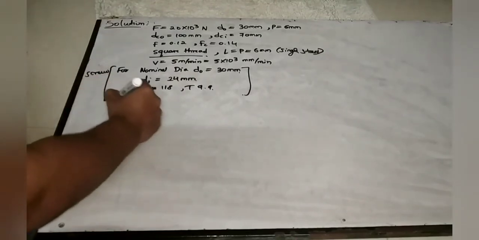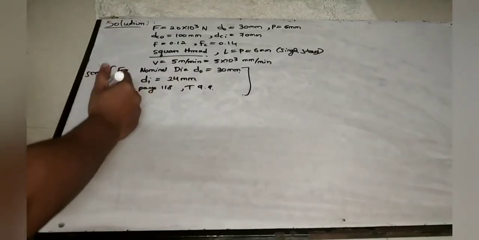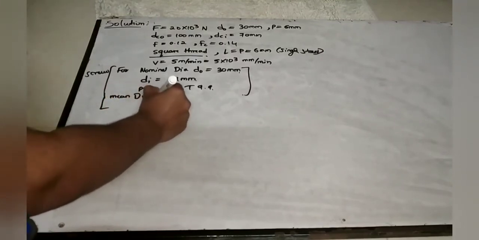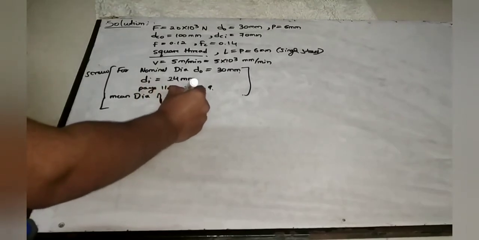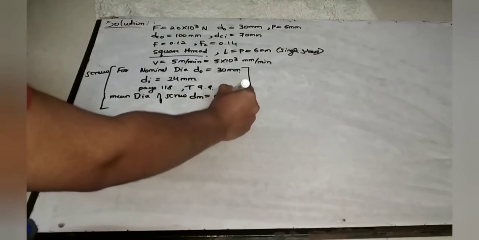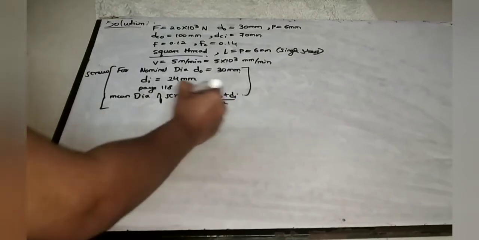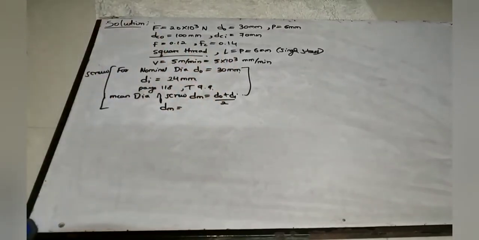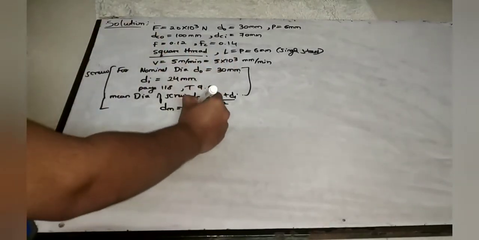Now, the mean diameter of the screw, dm, is equal to d0 plus di by 2. So dm is 30 plus 24 divided by 2, which is again 27 mm.